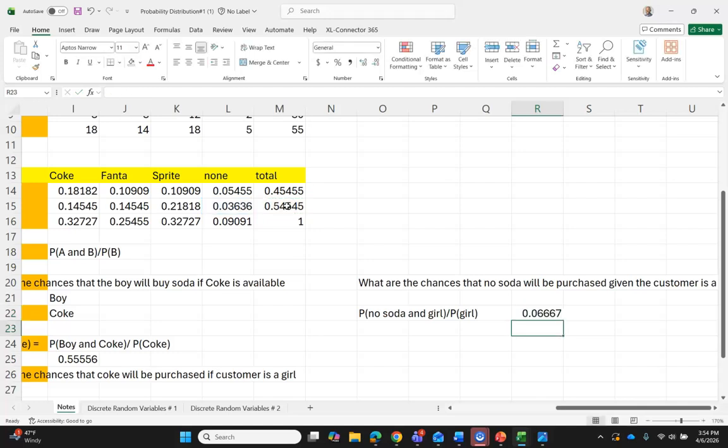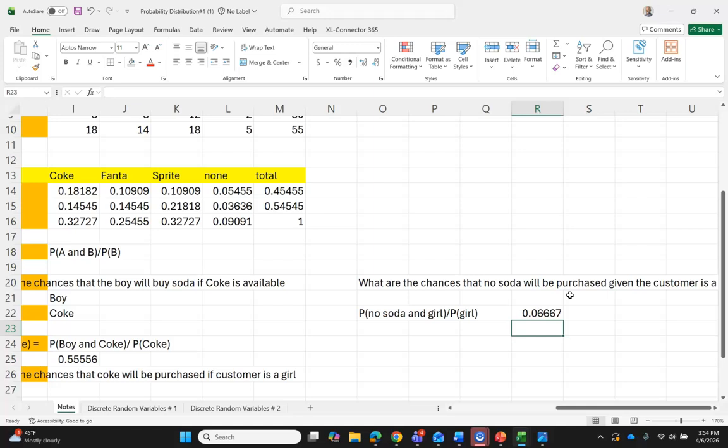We could do the opposite. What is the chance that if the customer is a girl, she will not buy soda?